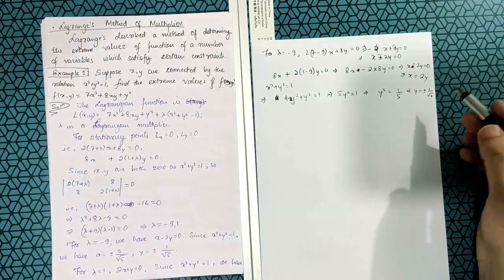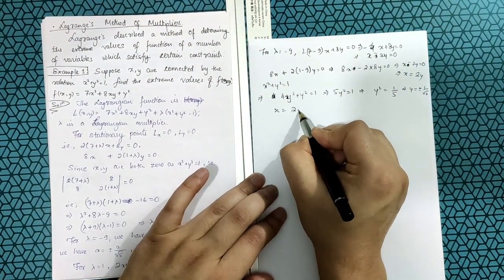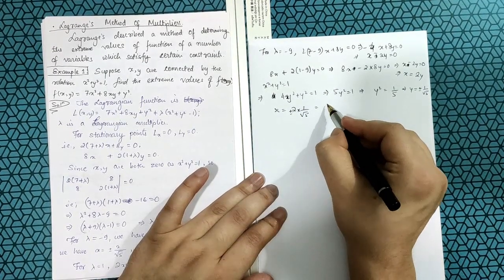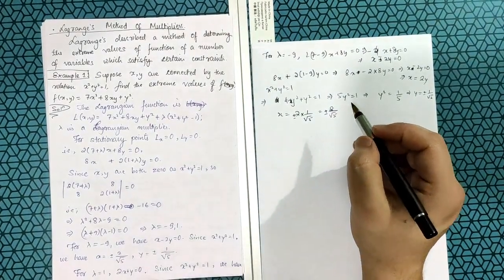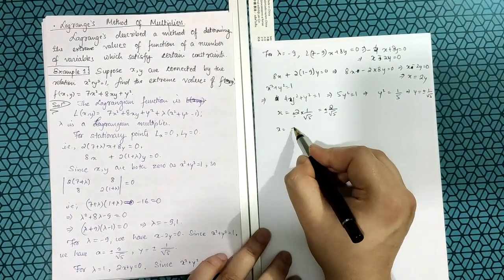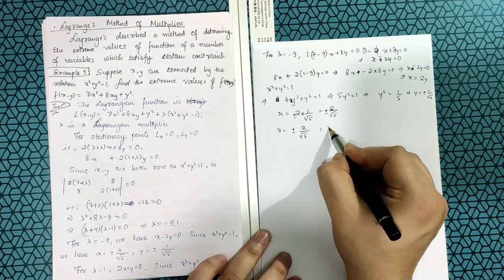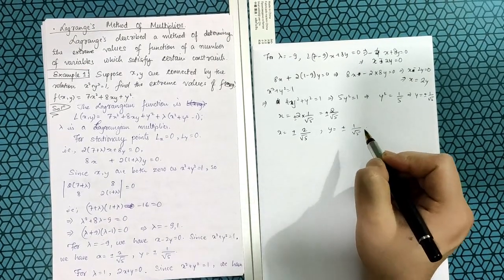So if we put this value here, we'll have x is equals to 2 into 1 by root over 5, but plus minus is there, so this is 2 by root over 5 plus minus. So hence what we get is x is equals to plus minus 2 by root over 5 and y is equals to plus minus 1 by root over 5.